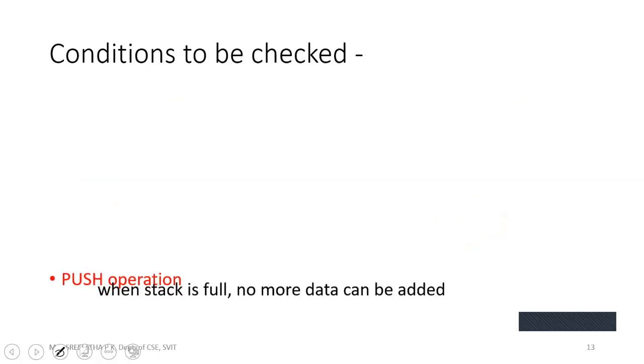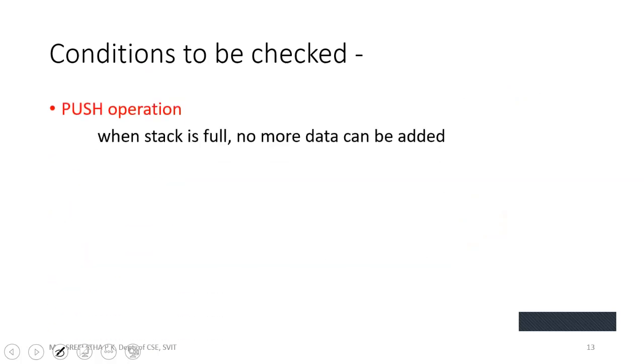So the condition to be checked in the case of push is whether the stack is full. If the stack is full, no more data can be added. If it is not checked, the data is stored in some other location which is not accessible, in a different, out of range area of the memory.